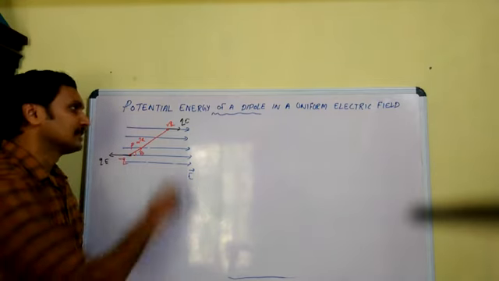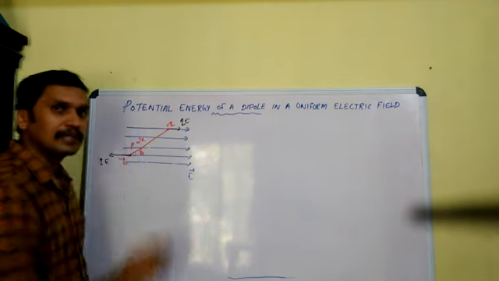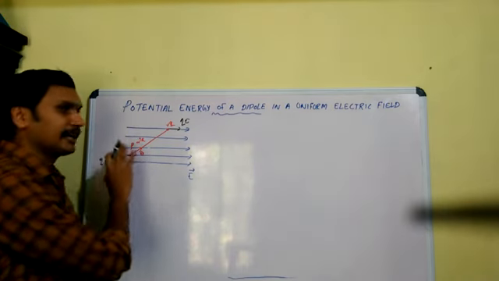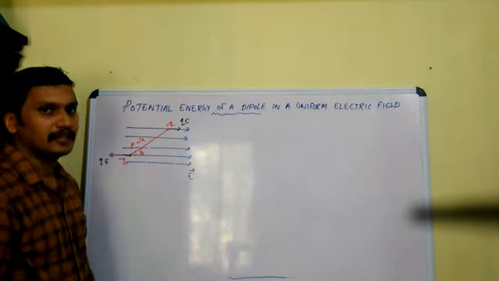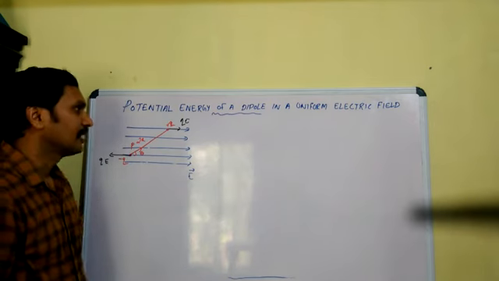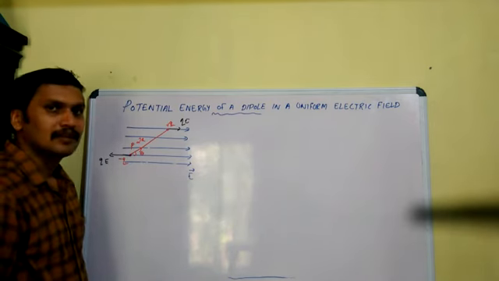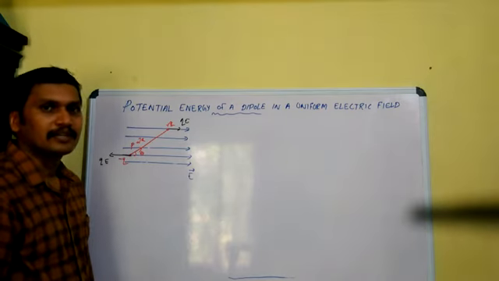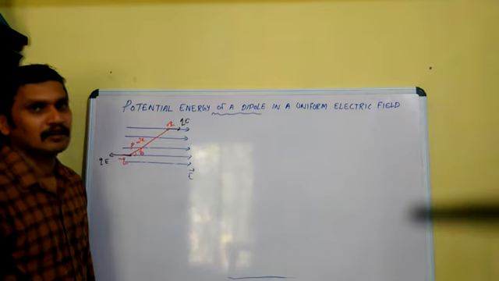These two forces are equal in magnitude, opposite in direction, but the lines of action are different, so they act as a couple of forces, and which produce a torque.